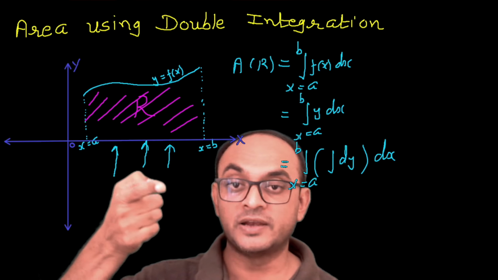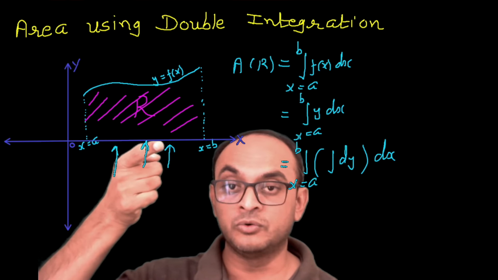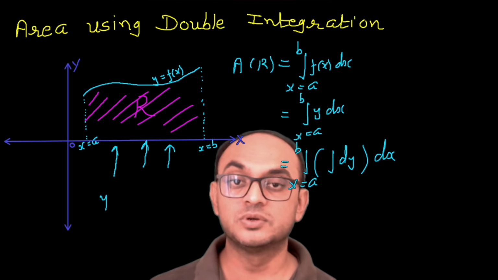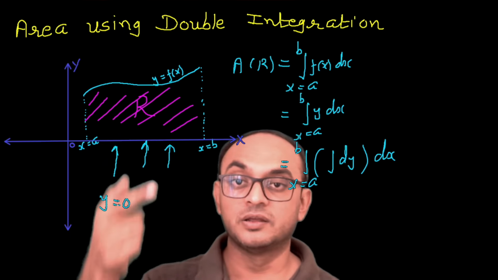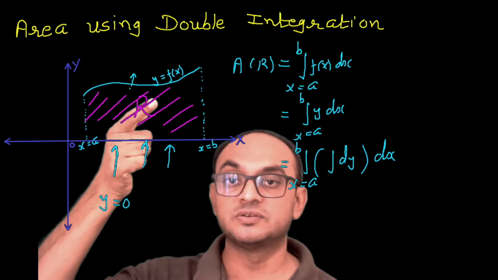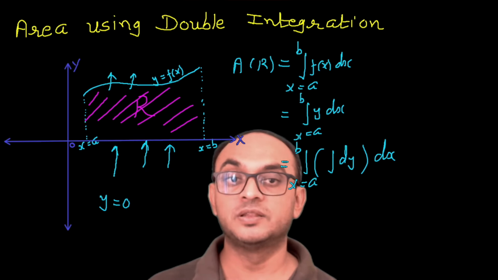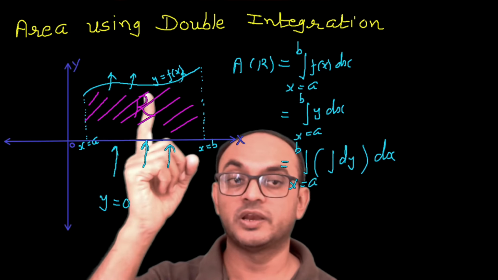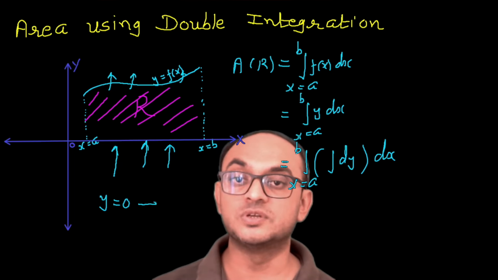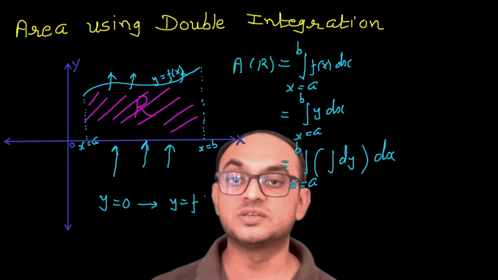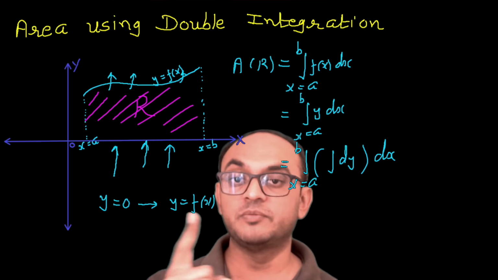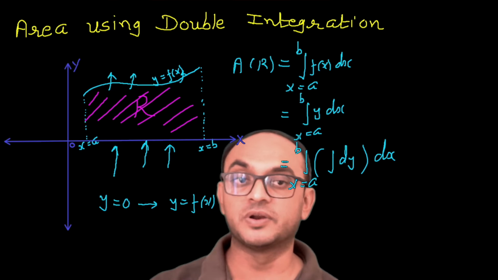Right. We are entering our region from this line and the equation of this line is y is equal to 0. Now we continue moving inside the region and we exit from this curve, and the equation of this curve is y is equal to f of x. So y equal to 0 will be my lower limit, y equal to f of x will be my upper limit.